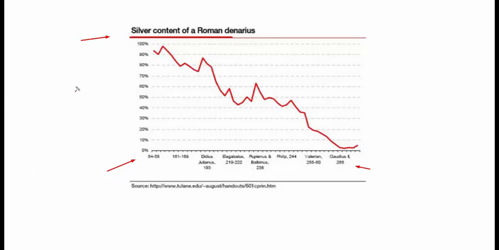The Romans simply removed the silver content from the denarius. Quite an interesting little trick, really, sleight of hand. People thought they were getting the real thing, but in fact it wasn't quite the real thing anymore, and eventually by 268 there was virtually no silver left at all, and that marked the end of the Roman Empire, in fact.